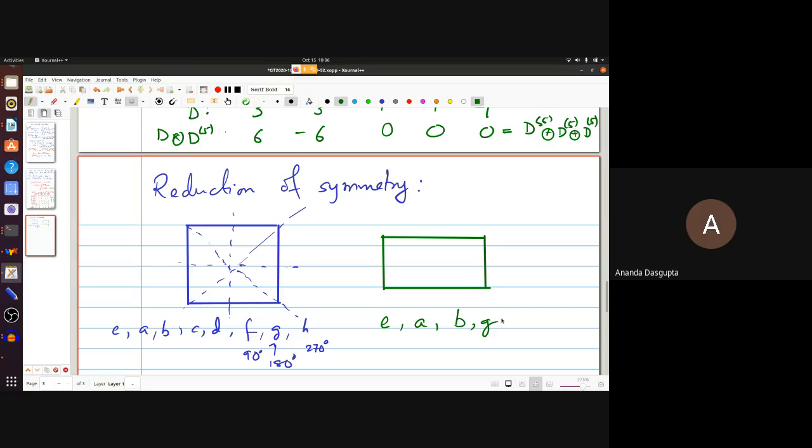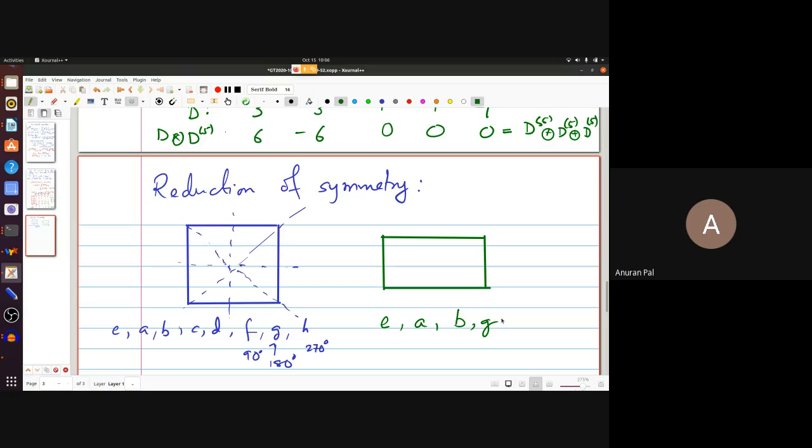Now, the point is this original square had 5 irreps. How many irreps does this one have? Quickly, this is something which you should be able to say off the top of your head.